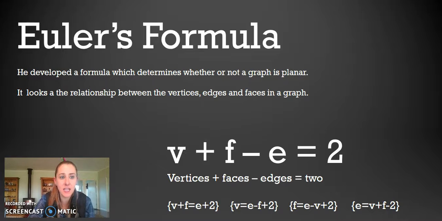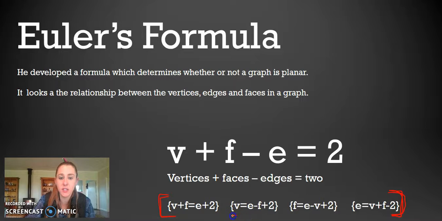So what is Euler's formula? He came up with a formula to determine whether or not a graph is planar. It looks at the relationship between the vertices, edges and faces in a graph. It's given by this formula here: vertices plus faces minus edges is equal to 2. Down the bottom here, they've been rearranged depending on what value you're trying to find, or what values you've already got.